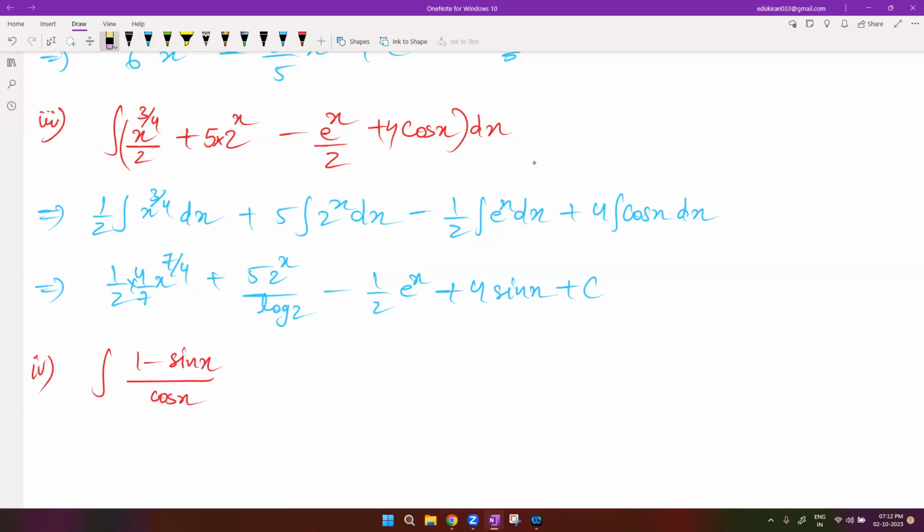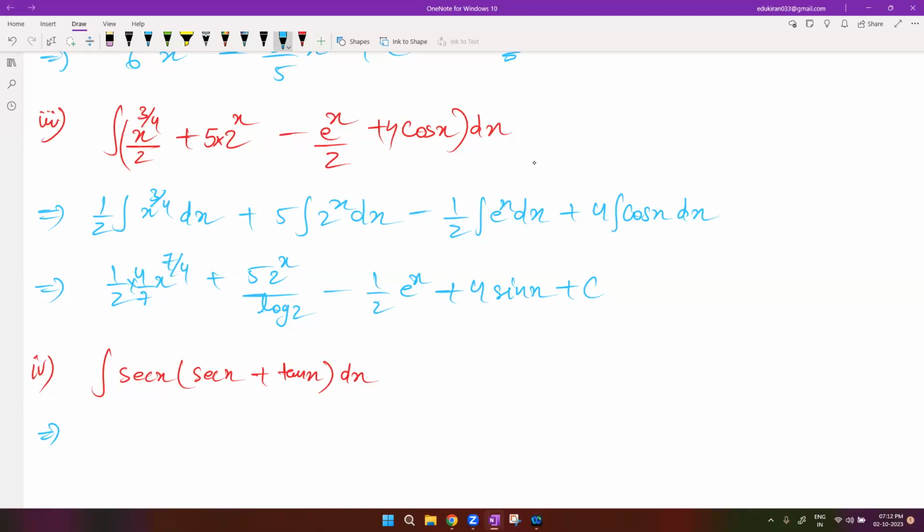Okay, let's solve this. Other than solving this, let's now see.